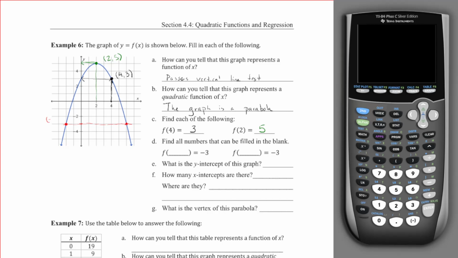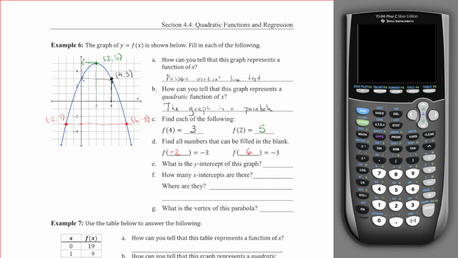All right, we have the point -2, -3, and we also have the point 6, -3. So there are 2 inputs that give the output -3. f of -2 is -3, and f of 6 is -3.